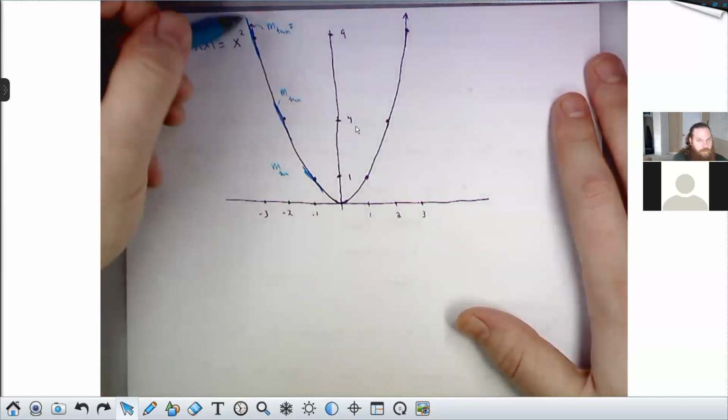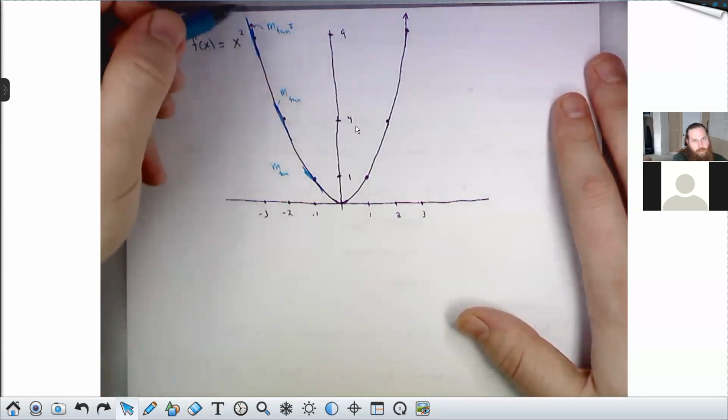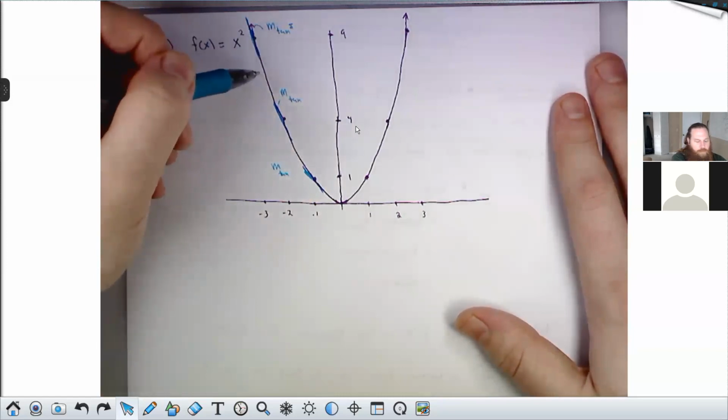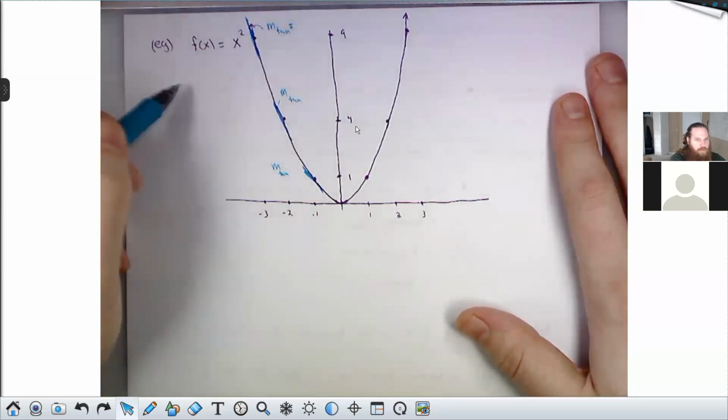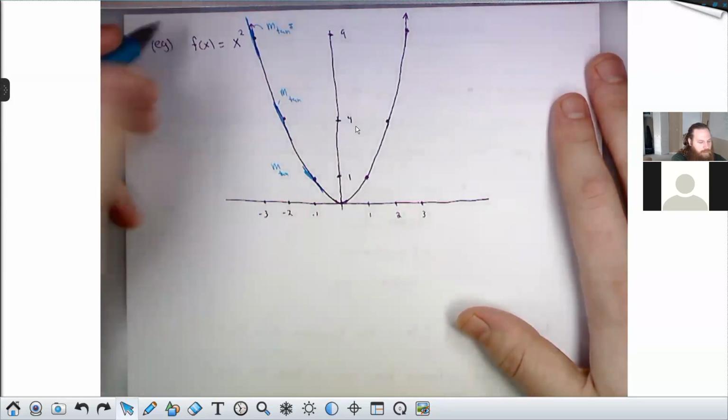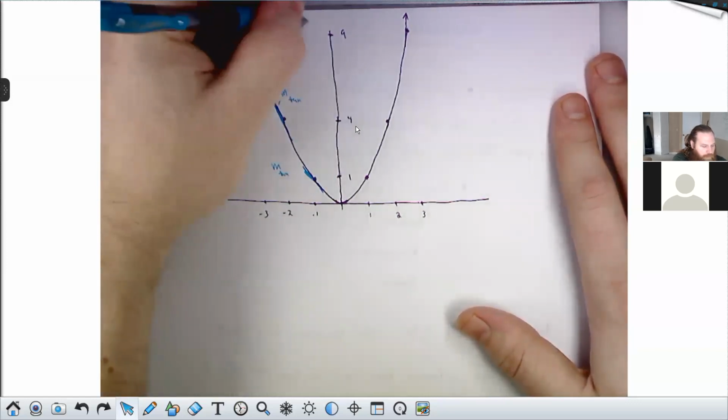So let's look way over here. This slope is definitely steep and negative, right? Like a -1 slope would be like this, -2 slope would be like this, -3 slope. This looks to me like it's -5, -6, somewhere in that range.